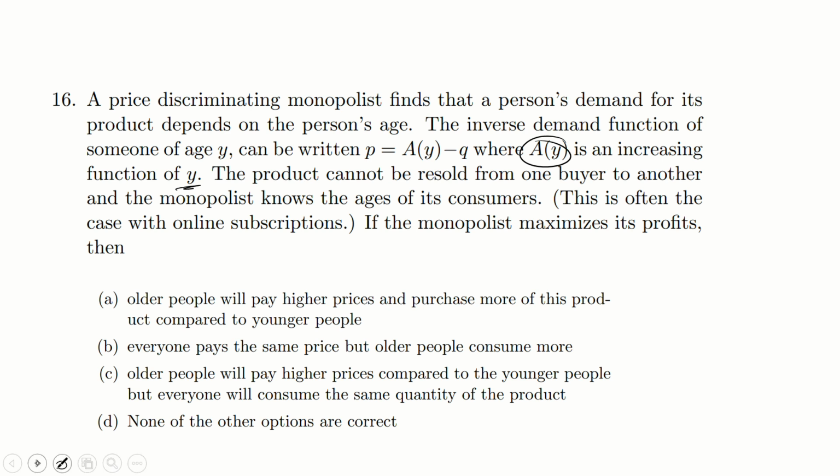So guys, can we say that the demand function of a consumer totally depends upon the age? If your age is increasing, then the demand for the monopolist firm is also going to be increasing.